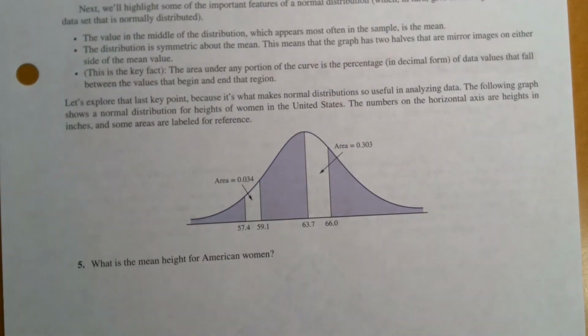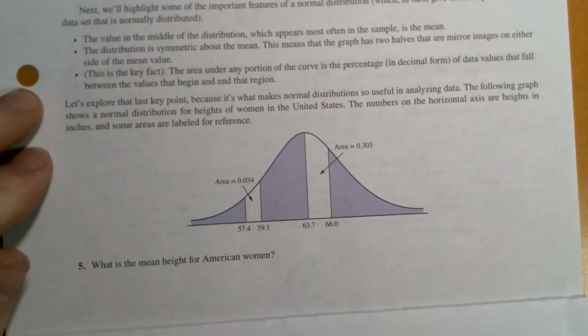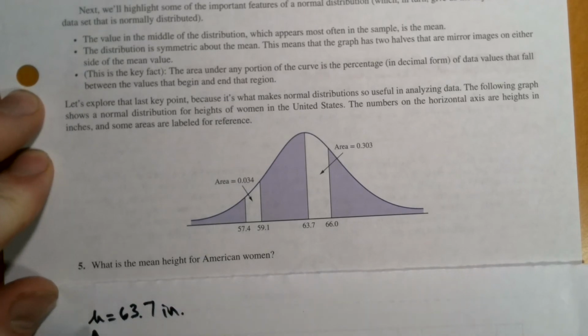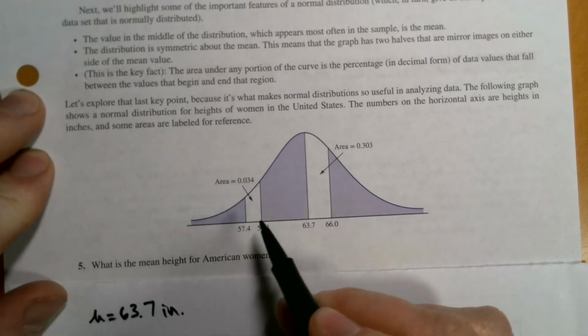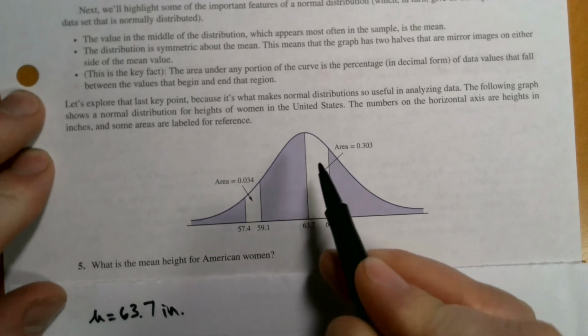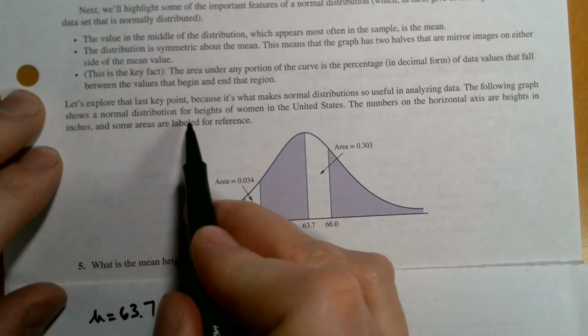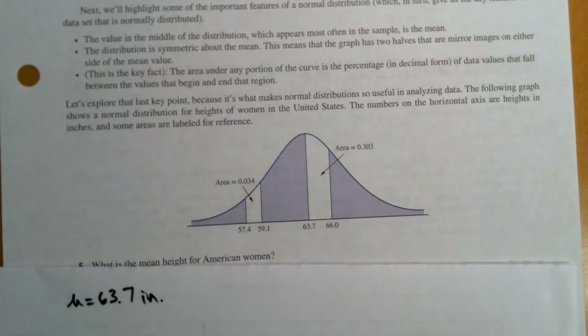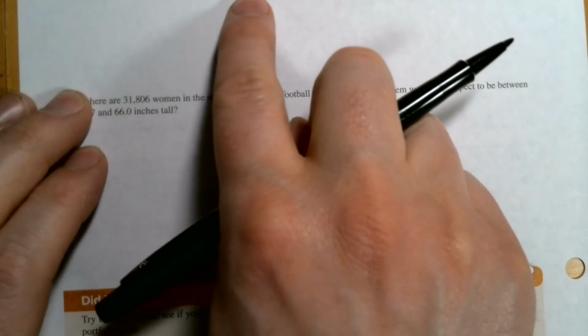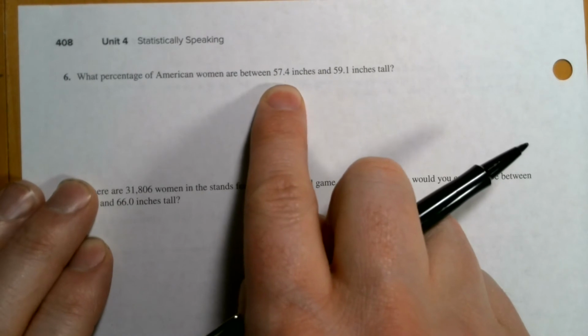So I guess I should go through his questions here. Number 5 was, what's the mean height? I use mu because we're going to assume this is a population, so all women in the United States. And if you read carefully the words up here, it implies that this is all women. So then if we go to the next page, it says, what percentage of women are between 57.4 inches and 59.1 inches?